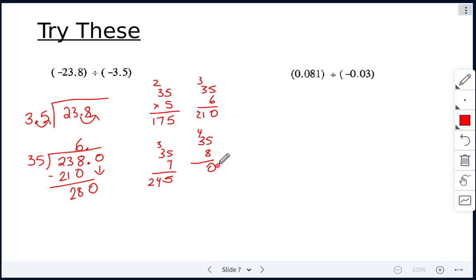Gives us exactly 280. All right, so 6.8 is our quotient. There's no remainder here as well. All right, and just double check your integers again. It was a negative divided by negative, so our answer is positive. So our answer is positive 6.8.